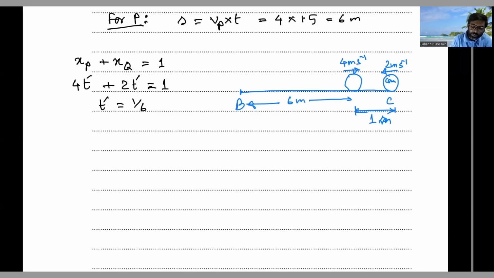Now, we want to find the distance where they collide.